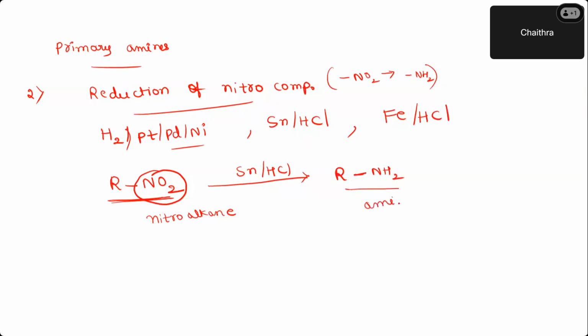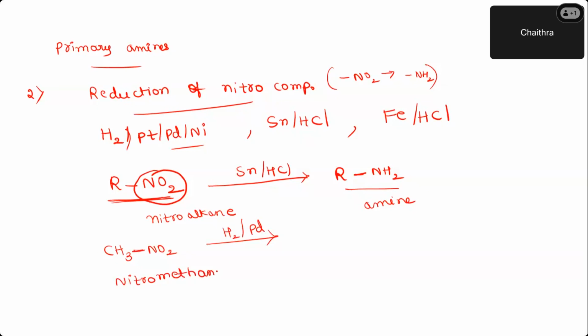We prepared an amine. Now I'll ask you some questions with respect to examples. You predict the product. Let me take CH3NO2. Can you tell me the name of this compound? Nitro group cannot be used as a suffix. It has to be used as a prefix only. It is nitro, and how many carbon atoms are there?